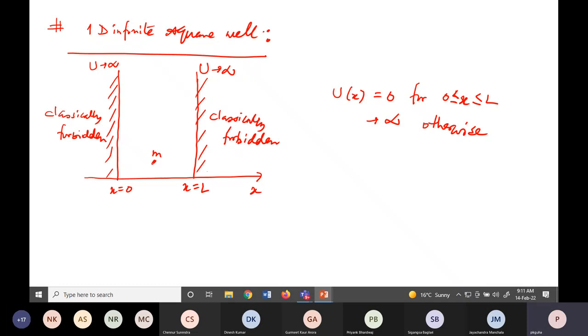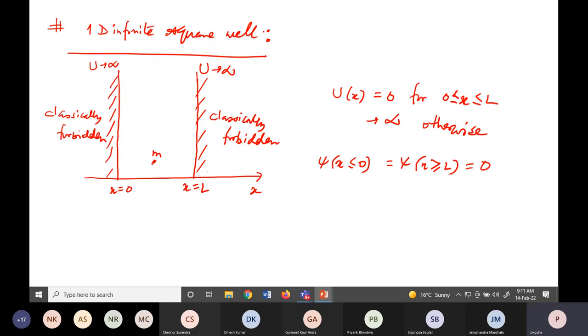I'm only talking about the space dependent part, or time independent part. So the wave function, small psi x, is equal to 0 if x is less than 0, or if x is more than or equal to L. That is 0 because the particle can't go here and can't go here, because there is an infinite potential barrier.